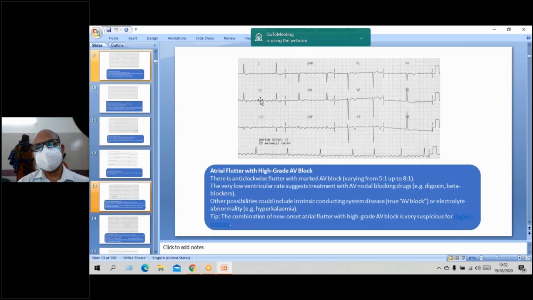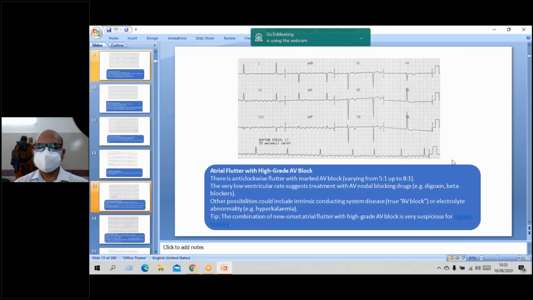In inferior leads, you will see negative flutter waves, but in V1 positive. Do you know negative and positive? From the baseline upward is positive, and from the baseline downward is negative.